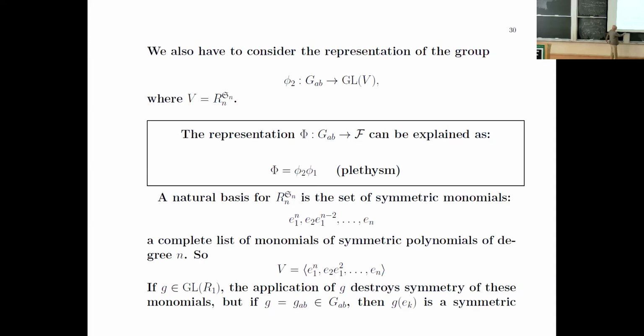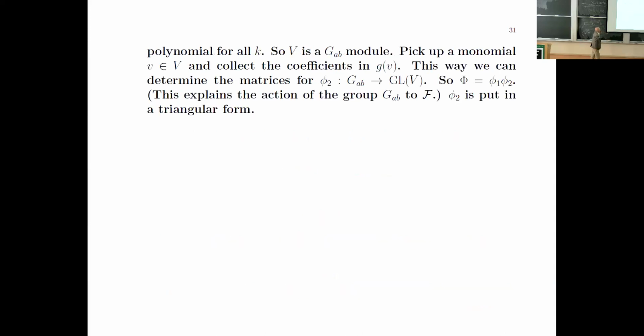But when G is in this group, it's a symmetric polynomial, so it can be rewritten using the same monomials. So if you collect the coefficients, it gives you the matrix that explains phi2. This explains the action of the group to F.